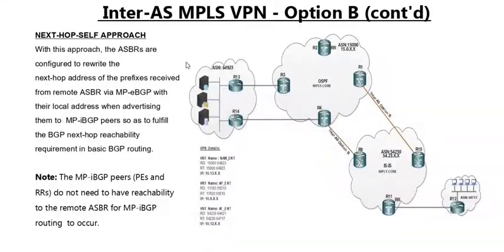This is what I was explaining here. With this approach, the ASBR is configured to rewrite the next hop address of prefixes received from the remote ASBR via eBGP with the local address when advertising them into the iBGP. So don't be confused with these terminologies.